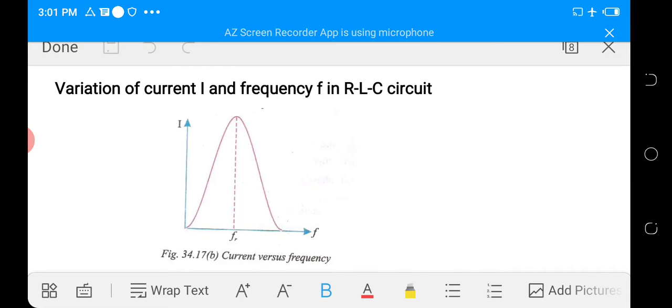Any frequency below the resonant frequency f0, we have a lower current, and any frequency above the resonant frequency f0, we also have a lower current. We only have the maximum current at the resonant frequency.